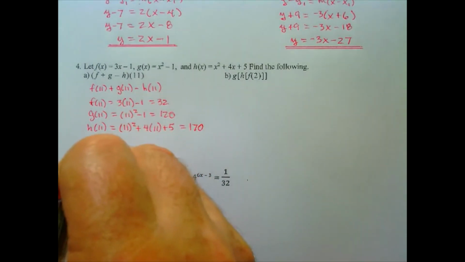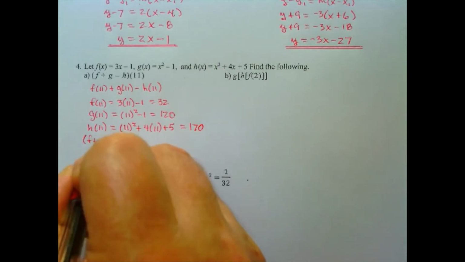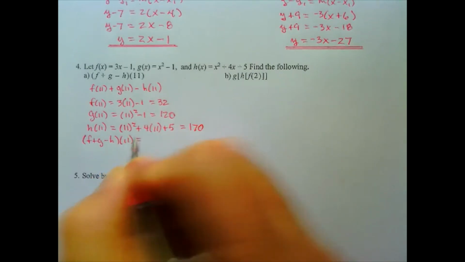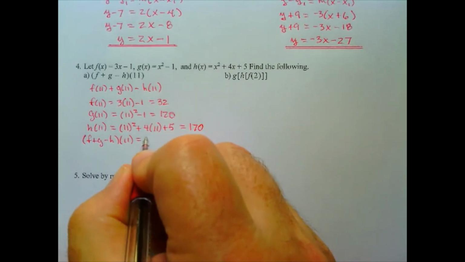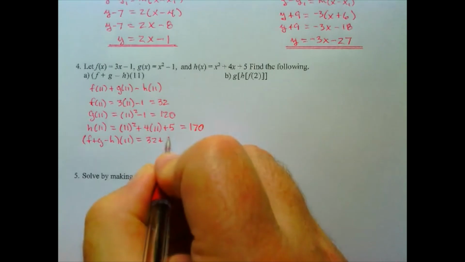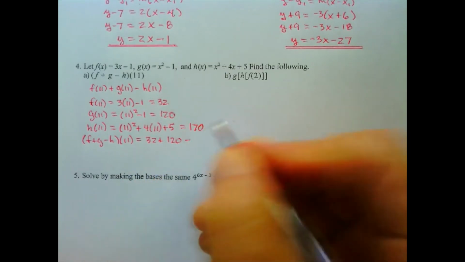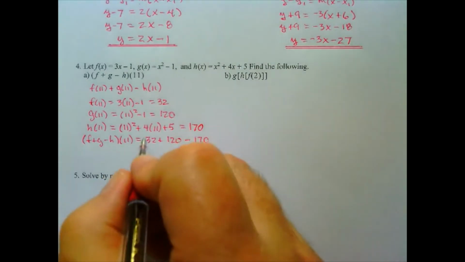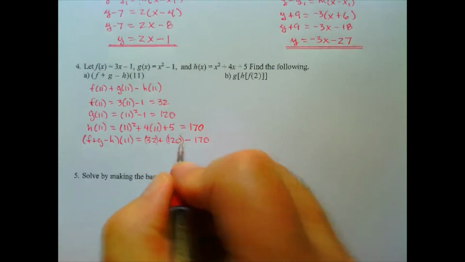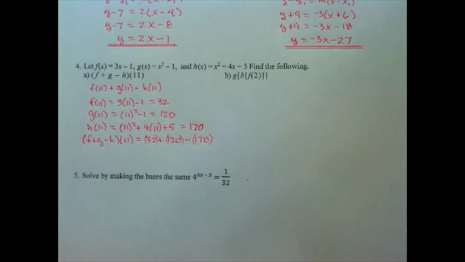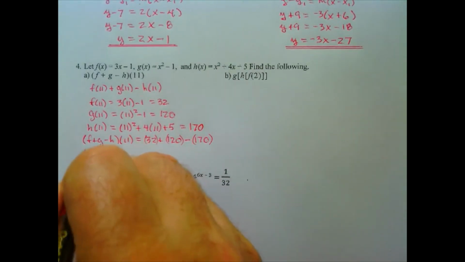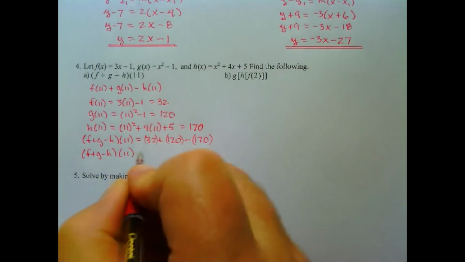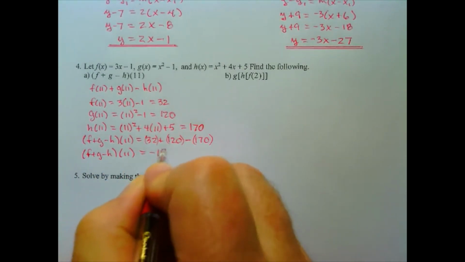So f plus g minus h of 11 will be the 32 plus the 120 subtract the 170. And so f plus g subtract h of 11 equals negative 18.